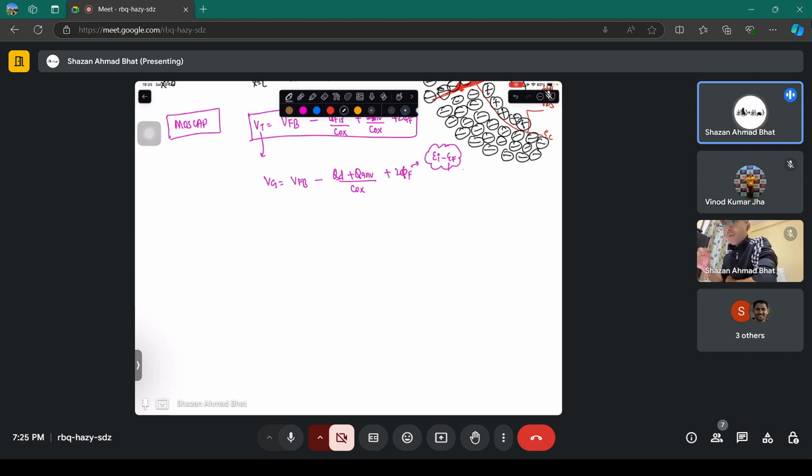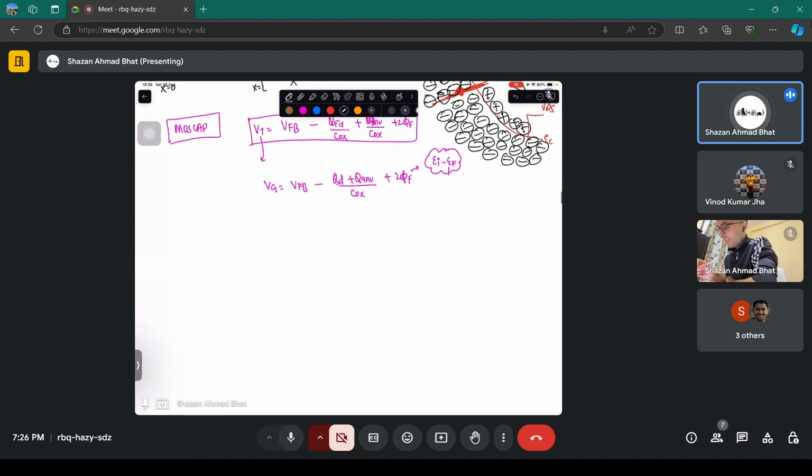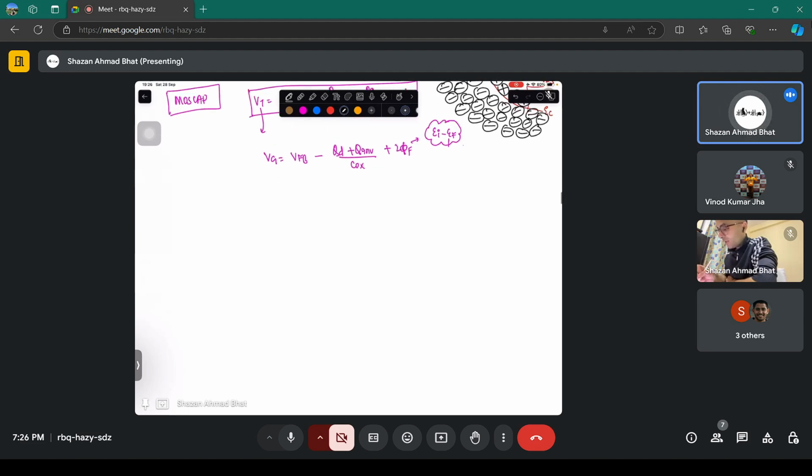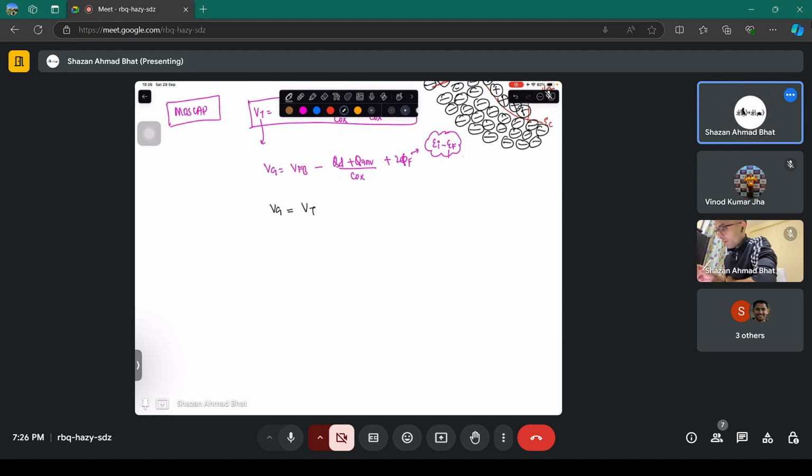And you exactly identify this particular thing, that the flat band voltage minus QD by Cox plus twice phi f is actually the threshold voltage. So you can write the gate voltage to be equivalent to the threshold voltage minus the inversion charge divided by the Cox. That is the overall gate voltage you apply.